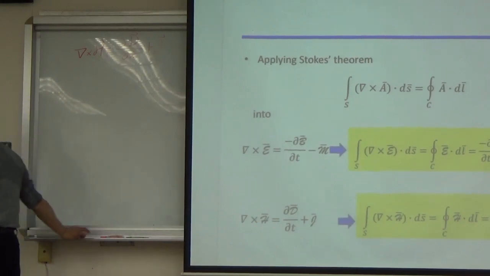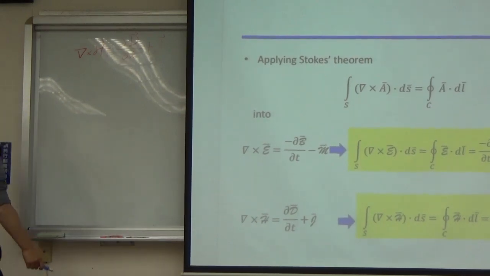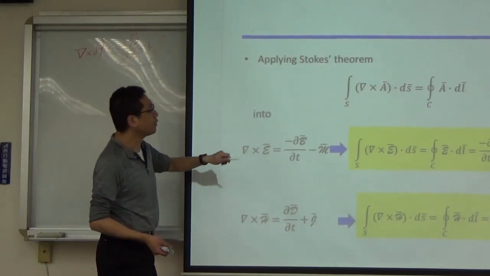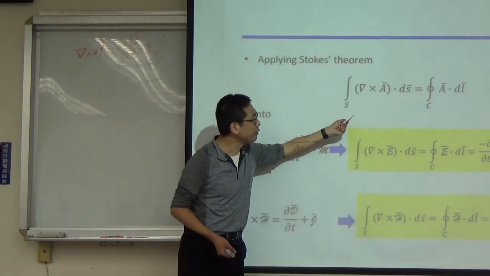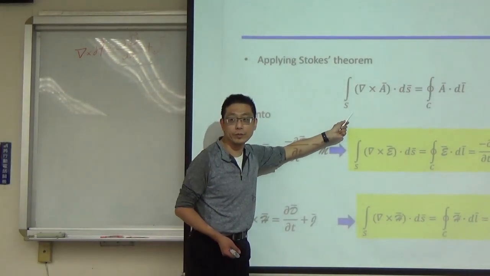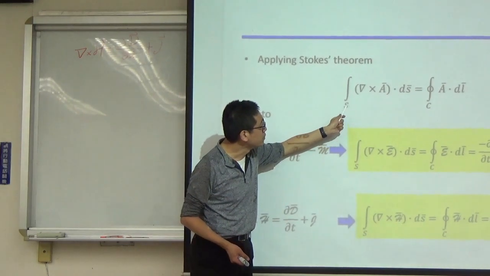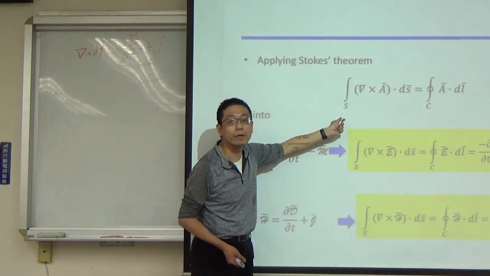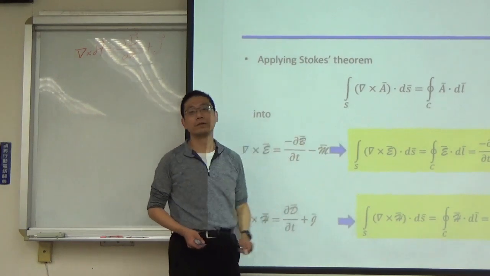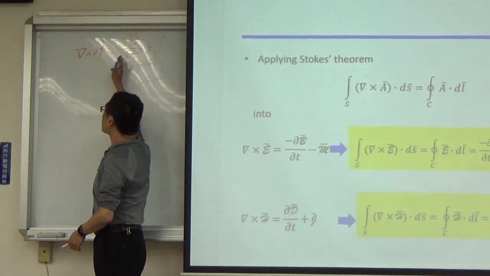I use different colors to help you understand. Because we know this relationship, I take the surface integral of both sides.